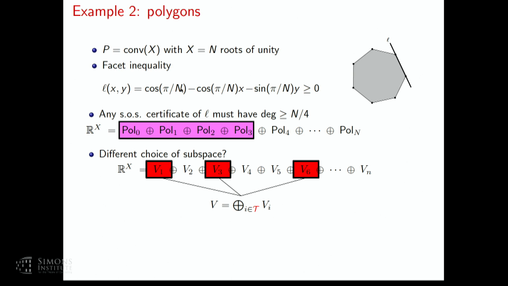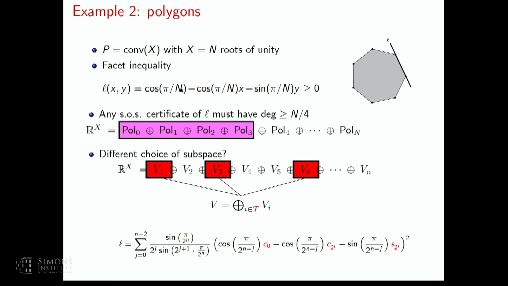You have to find a sum of squares certificate of L that has this sparsity pattern, and in fact you can. Here it is. You can show that this is true. I will not show it, but essentially this is a sum of squares certificate of L. The key point is that what is under the square is a constant, a monomial of degree 2 to the j, and another monomial of degree 2 to the j.